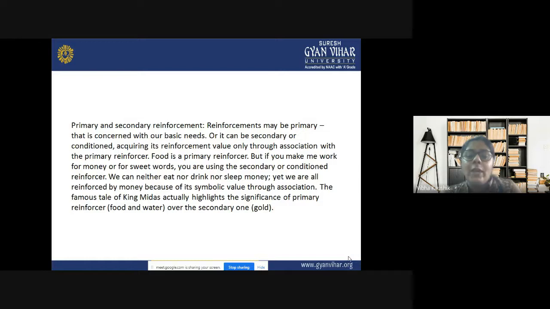But if you make me work for money or for sweet words, you are using the secondary or conditioned reinforcement. We can neither eat nor drink nor sleep money, yet we are all reinforced by money because of its symbolic value through association. The famous tale of King Midas actually highlights the significance of the primary reinforcers, food and water, over the secondary one, that is gold.